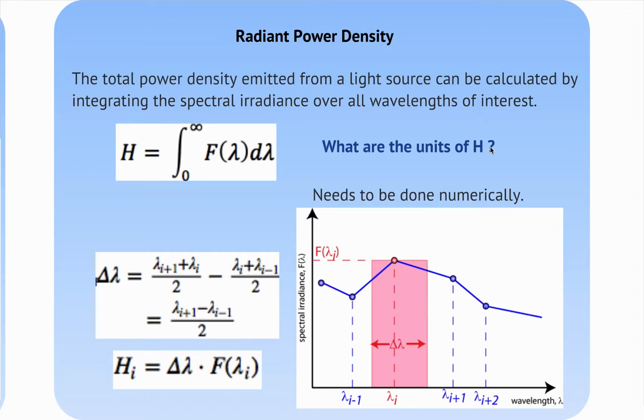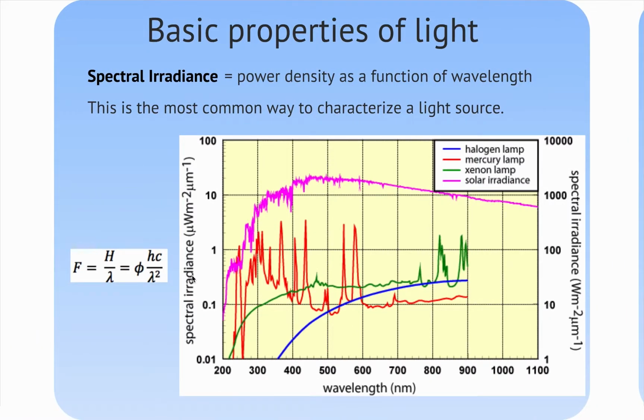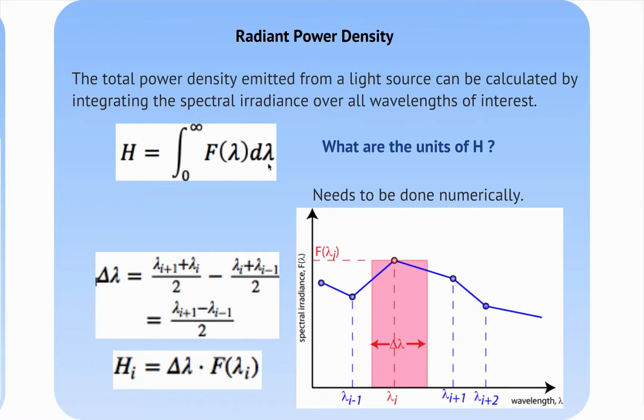I want you to think internally a little bit, and you can feel free to discuss. H is radiant power density, and from this equation, F is this thing right here, spectral irradiance. So it's microwatts or watts per meter squared per micrometer. You multiply it by lambda, which is in micrometers or nanometers.